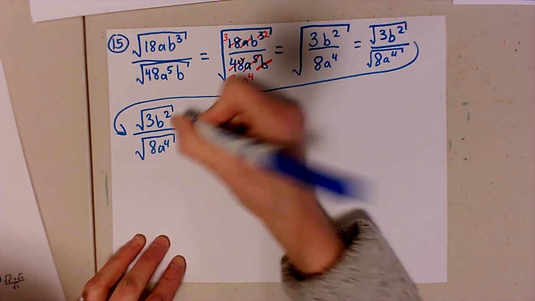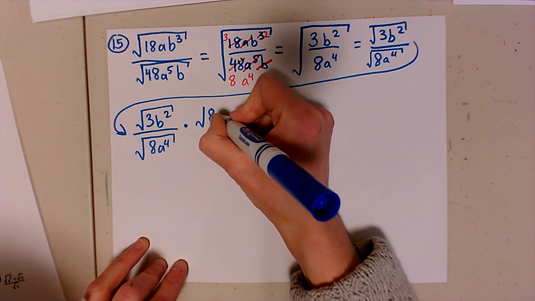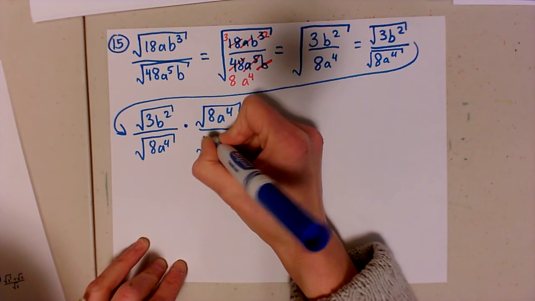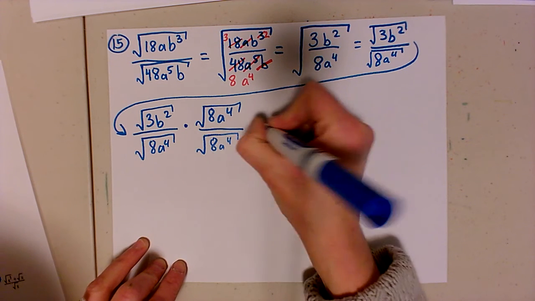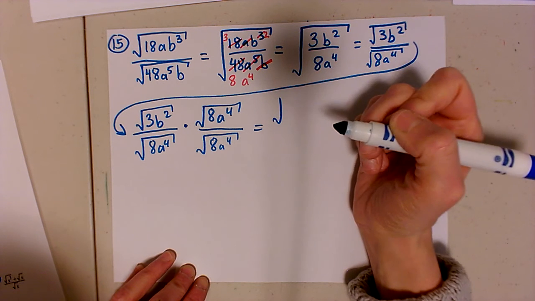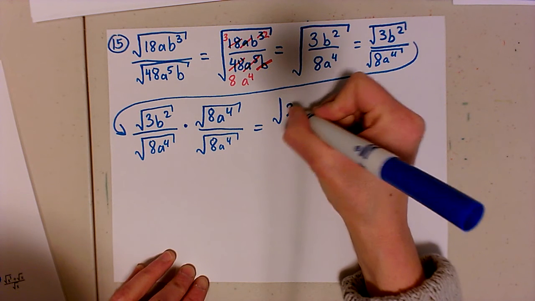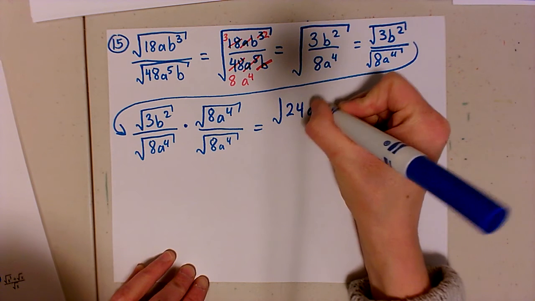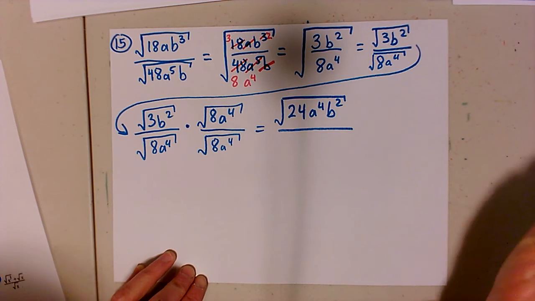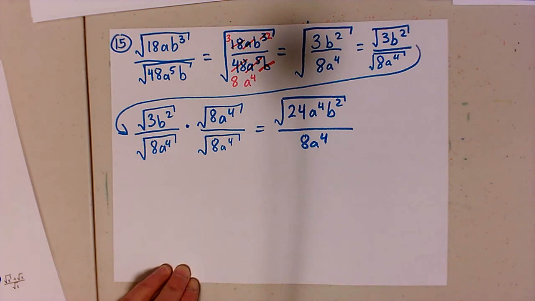So then I'll multiply by root 8a to the 4th up top and down below. Up top, that'll give me the square root of 3 times 8, which is 24, and then I'll have an a to the 4th b squared, and down below, I'll just have an 8a to the 4th.